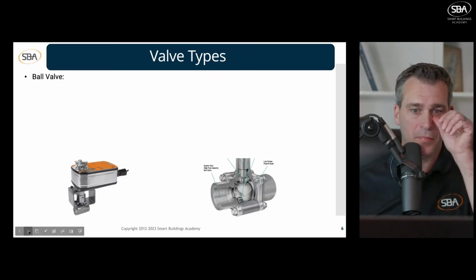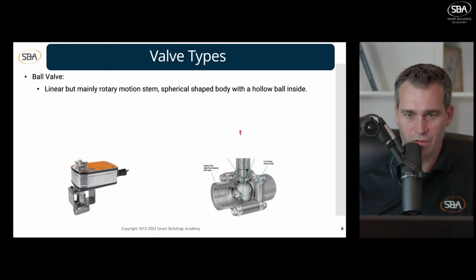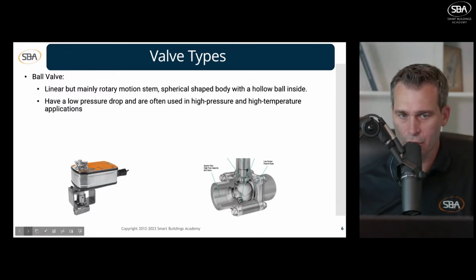The next one we have is a ball valve, and this has a linear stem on it, but it can also have a rotary stem like we see over here. So instead of a stem that moves vertically up and down, we can have a rotary stem that rotates clockwise or counterclockwise. These ball valves are spherical in shape, hence the name ball. They have a hollow ball inside, so when we open and close it, that's how we can throttle the flow rate through that valve. These are used really well on low pressure drops, and sometimes they're used in high pressure, high temperature applications.